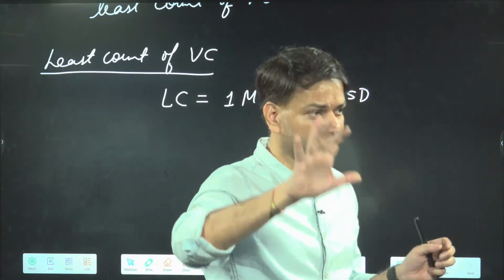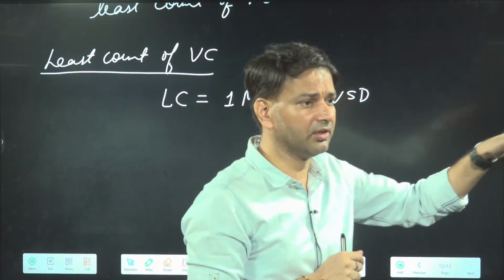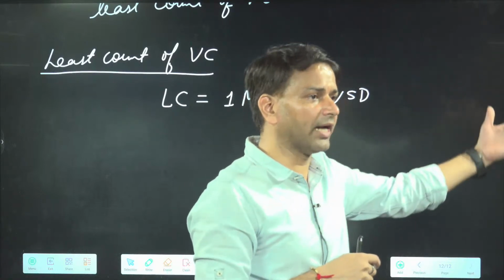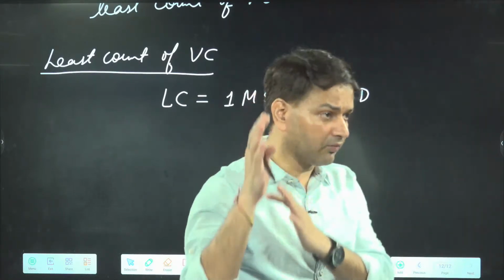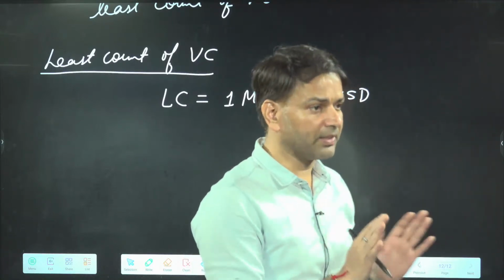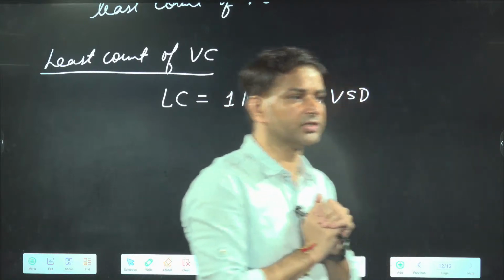It means 10 Vernier scale divisions are equal to 9 main scale divisions.